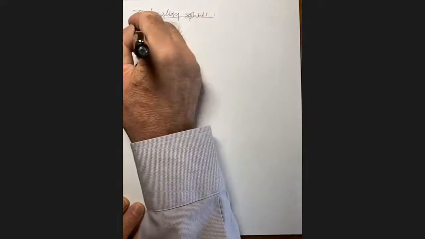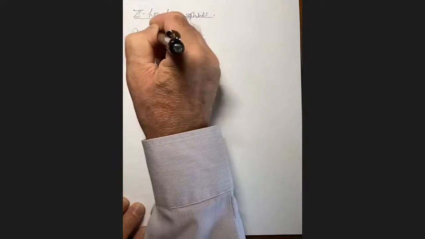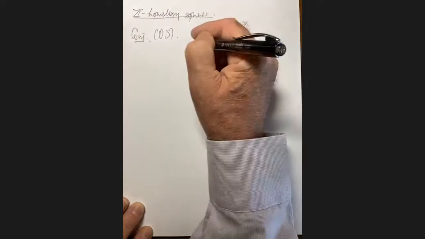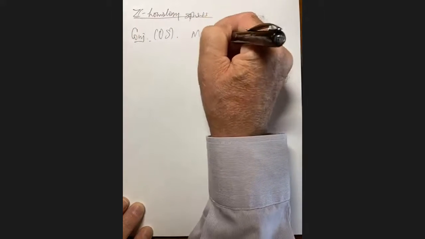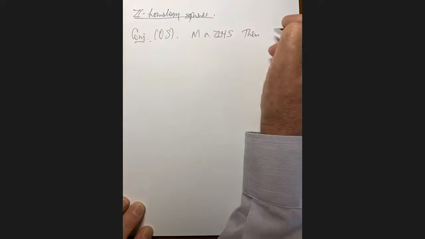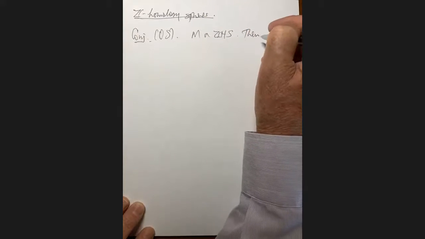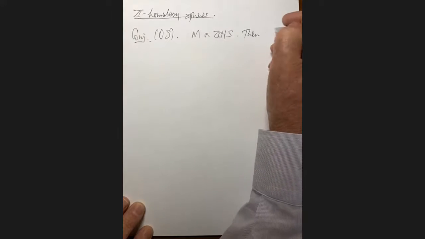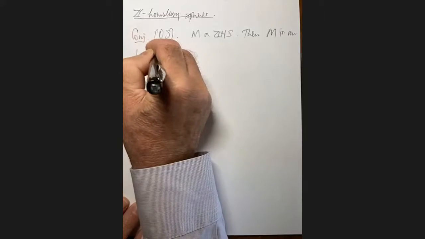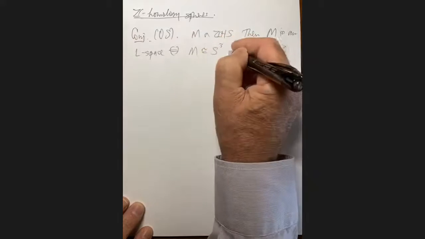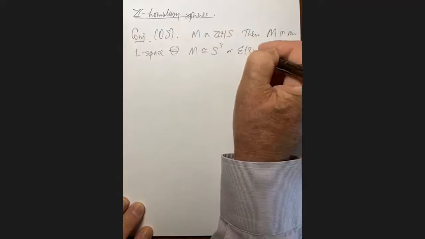And in general, let me remind you, there's a conjecture of Ozsvath and Szabo that if M is a ZHS, then the only such prime manifolds that are L spaces are just the ones with finite fundamental group. So then M is an L space if and only if M is S3, or the Poincare homology sphere.